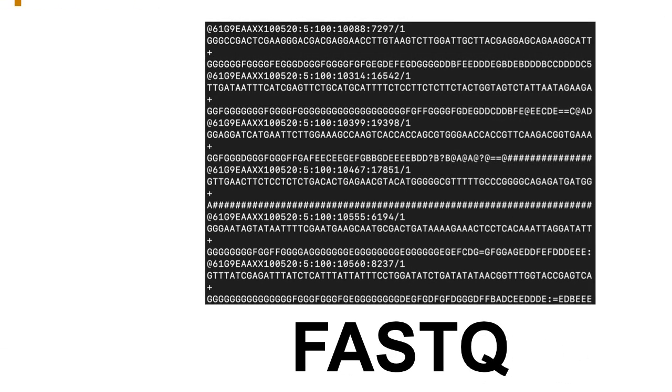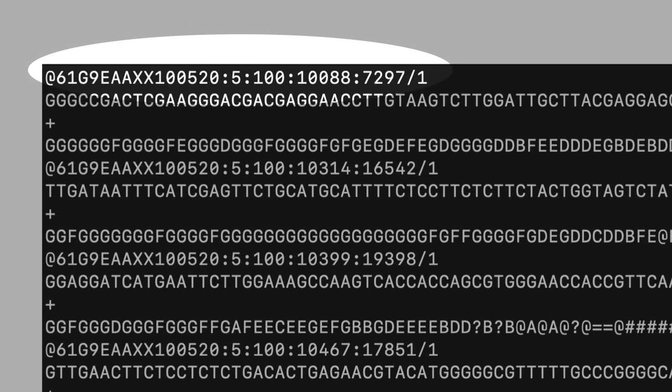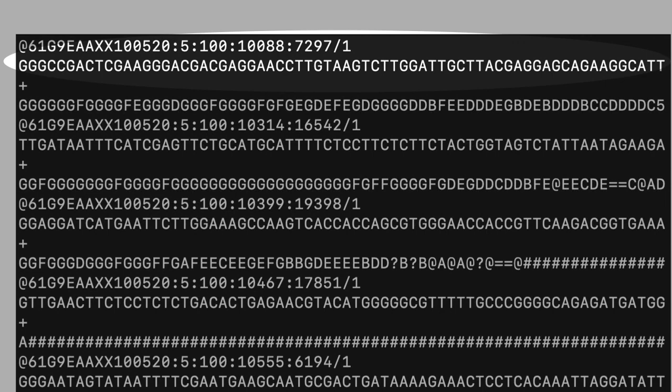The FASTQ format was developed by Sanger Institute in order to group together sequence and its quality scores, or the Phred quality scores. In FASTQ files, each entry is associated with 4 lines. Line 1 begins with the @ character. It also contains the sequence identifier and an optional description. Line 2 is the sequence in standard 1-letter code.